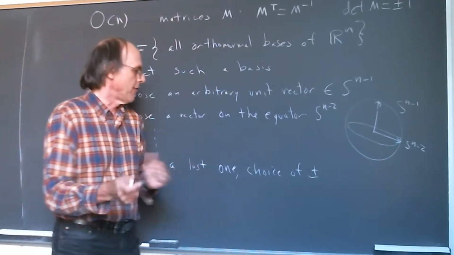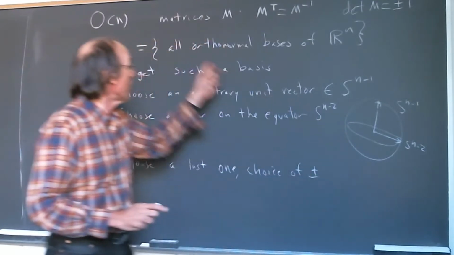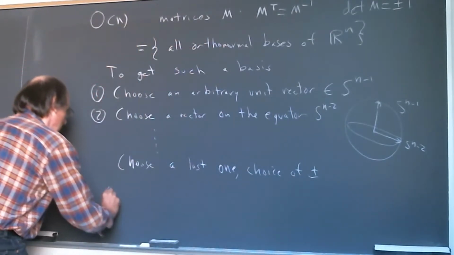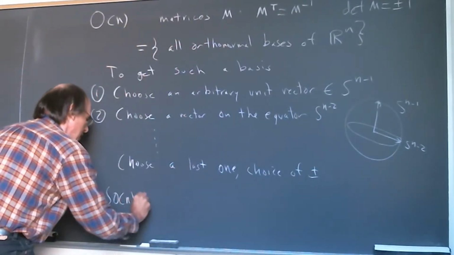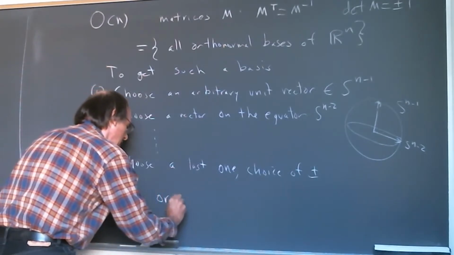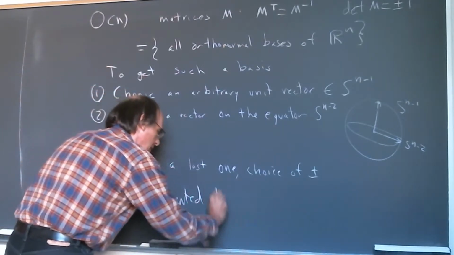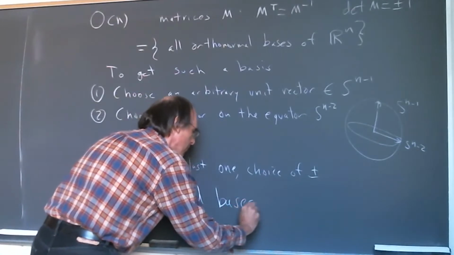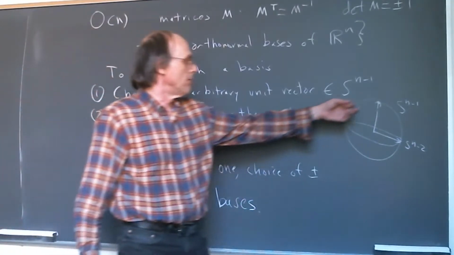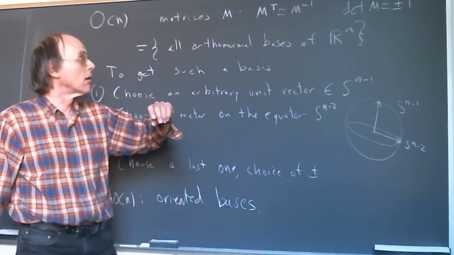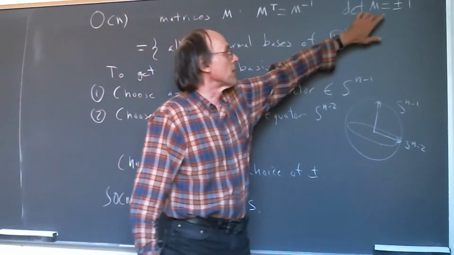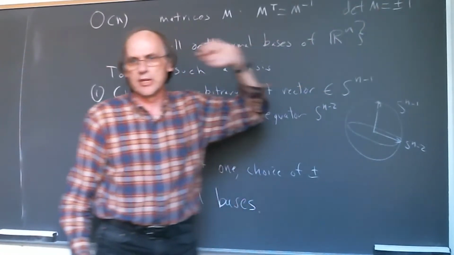If you put both possibilities together, you get O(n), and then SO(n) will be the oriented bases. This corresponds to picking the one which gives you a determinant of plus 1.